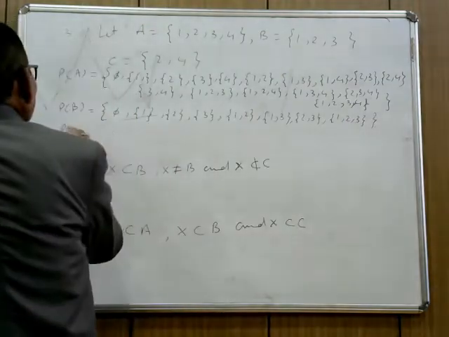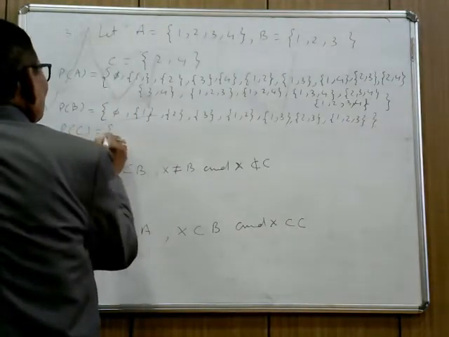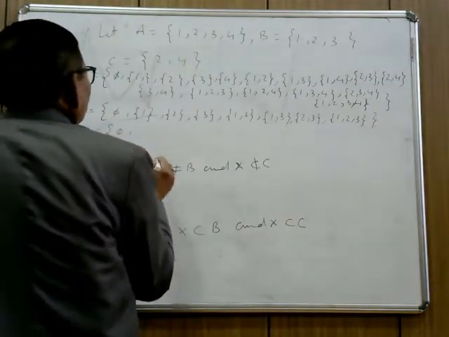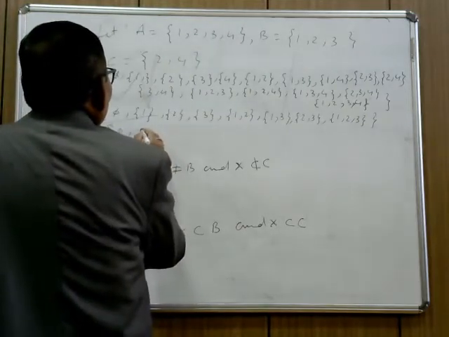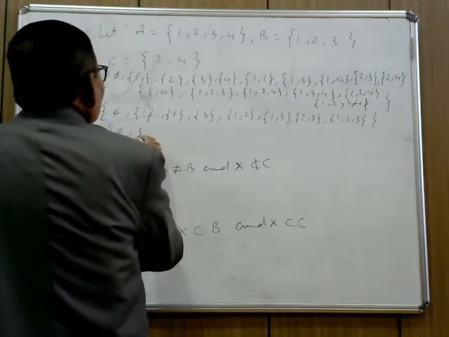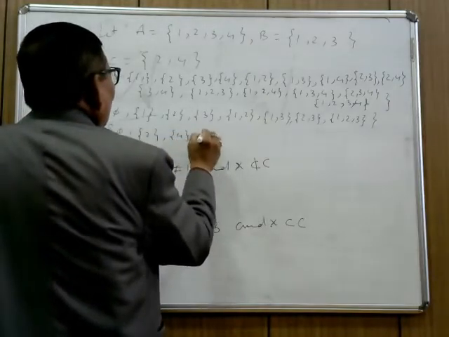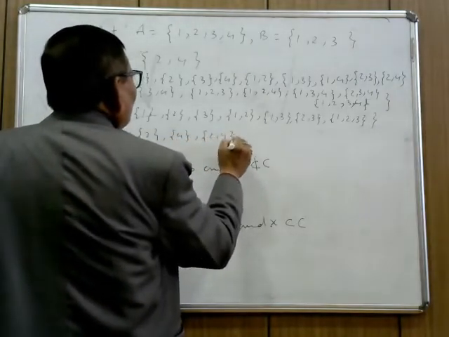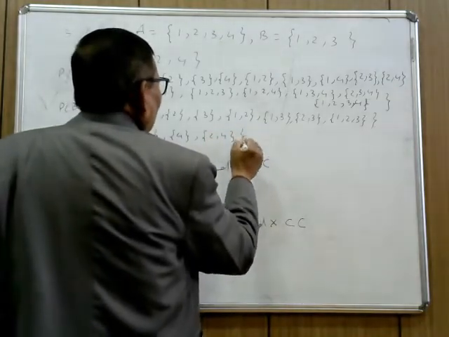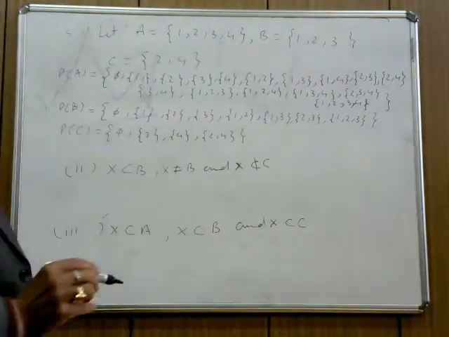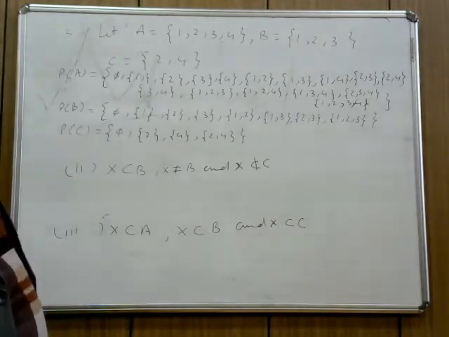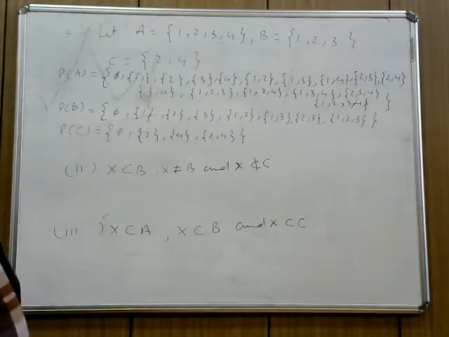Now the power set of C: null set, 2, 4, and 2, 4. By following the definition of the power set of any set, you have written the power set of each set: power set of A, power set of B, power set of C.